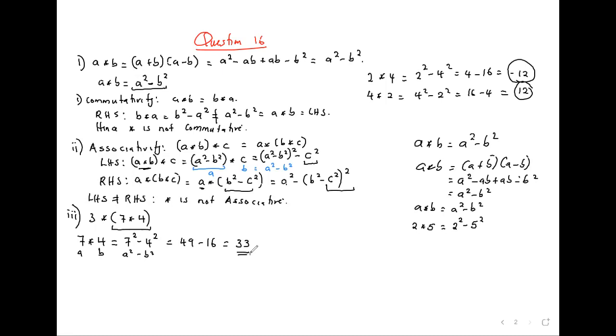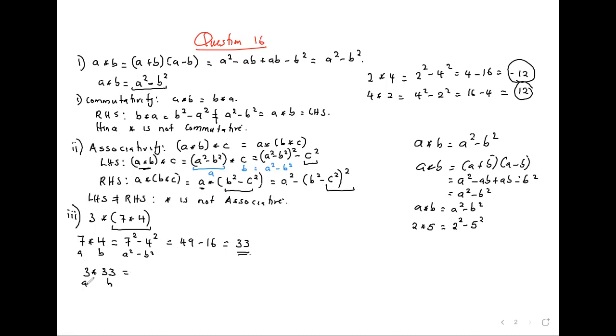So when you pick one, you run through, you check if it's commutative, if it's associative, then you evaluate 3 star 7 star 4. So this is 7 star 4. Then you go back: 7 star 4 has been found to be 33.